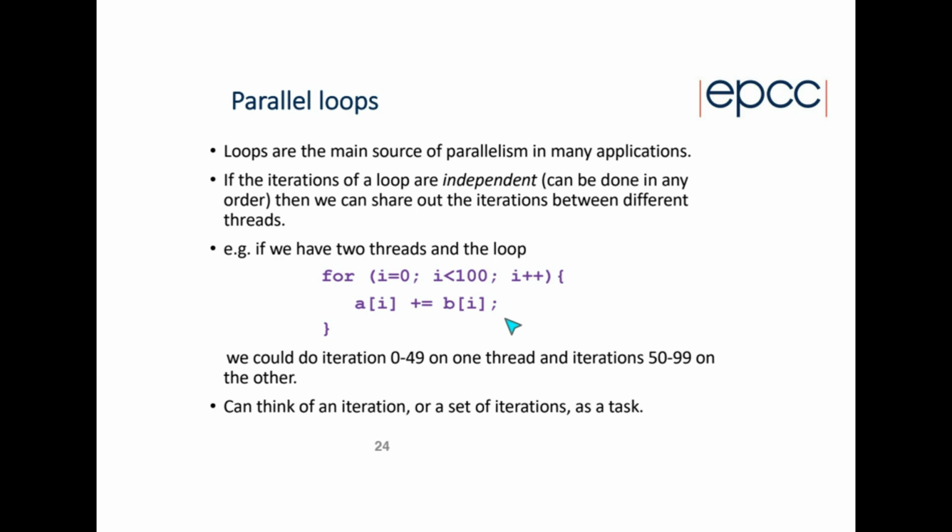Here we've got 100 iterations, and we have two threads, so just do something very simple: do the first 50 iterations on one thread and the second 50 iterations on the other thread. I should emphasize here that I don't want to give you the wrong impression. A loop this small actually cannot be efficiently parallelized.